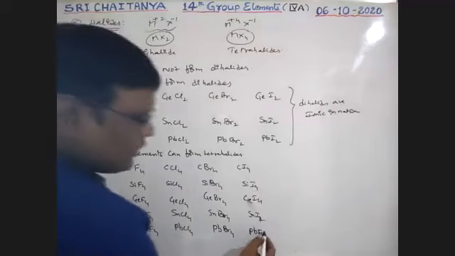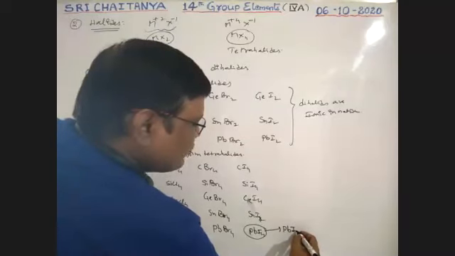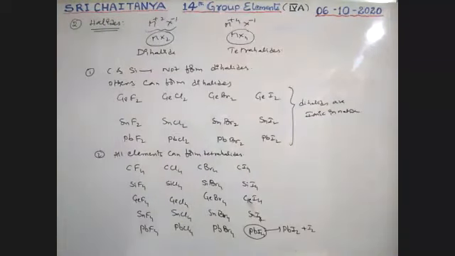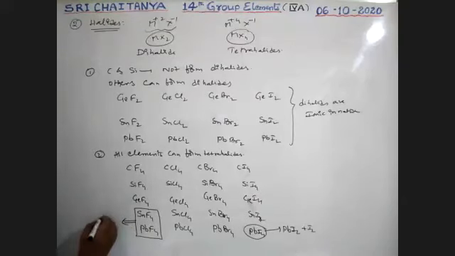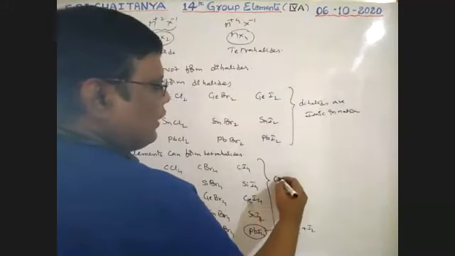Boys, yesterday we covered this point. PbI4 splits easily into PbI2 and I2, because of least stability. Next, except SnF4 and PbF4, these two compounds are ionic.